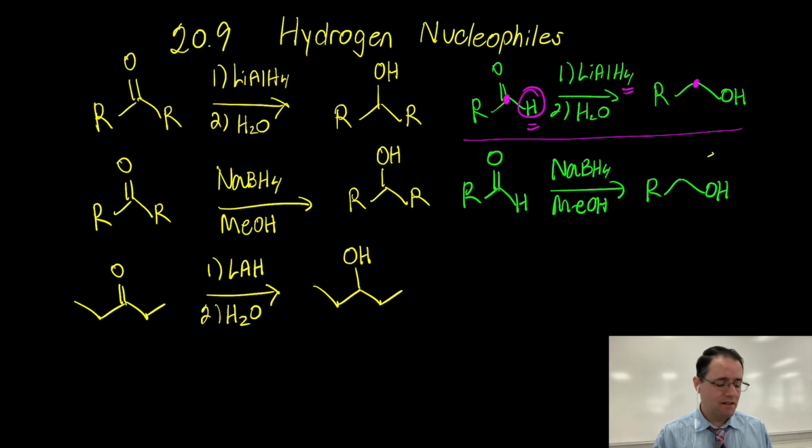So let's look at the mechanism here. It's a very simple mechanism. Let's just look at benzaldehyde, okay? And let's do sodium borohydride in methanol. And this is going to make something called benzyl alcohol.